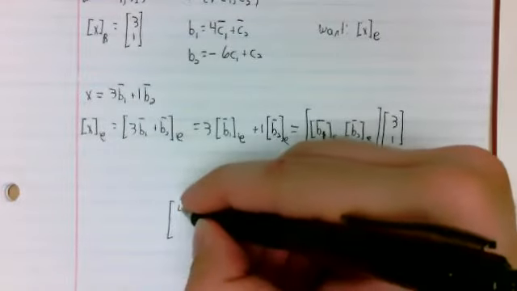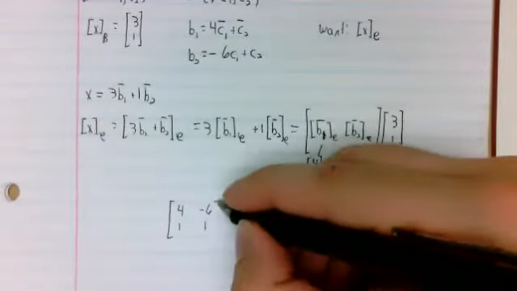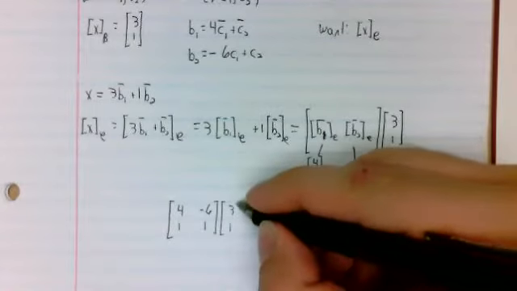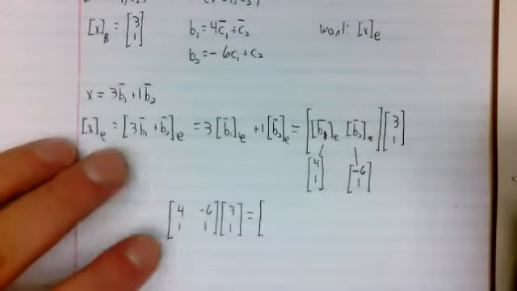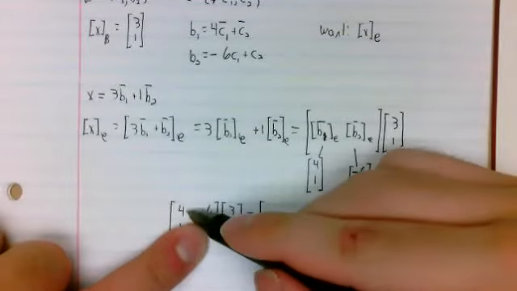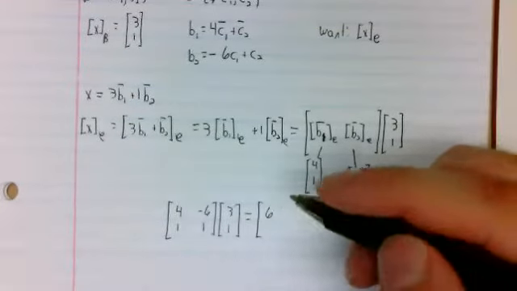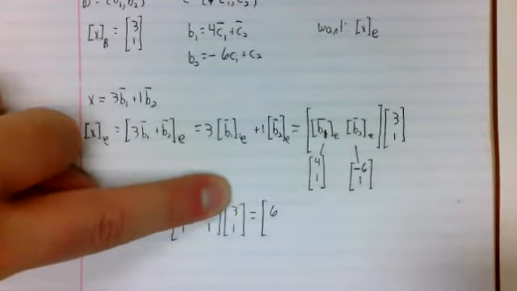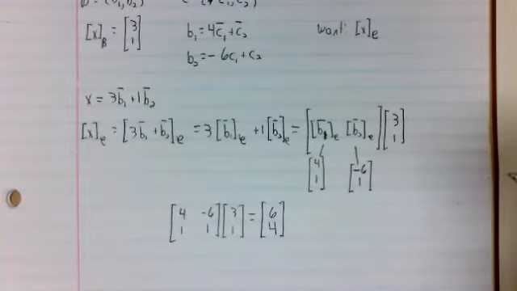And let's do the multiplication to finish out the problem. Let's see. 12 minus 6 is 6. 3 and 1 is 4.